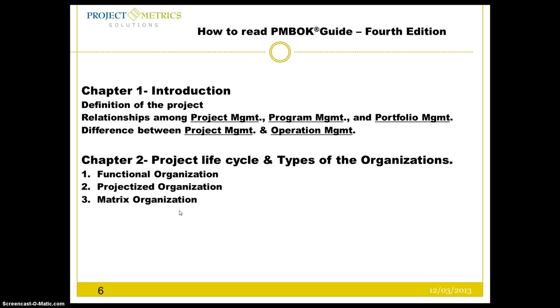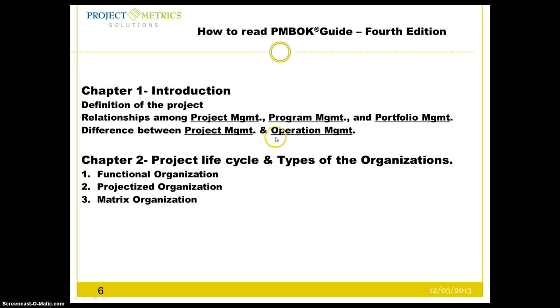The PMBOK Guide is divided into 12 chapters. Chapter 1 and Chapter 2 we are going to go through briefly. Chapter 1 talks about the introduction: the definition of the project, the relationship among project management, program management, and portfolio management, and the difference between project management and operation management.